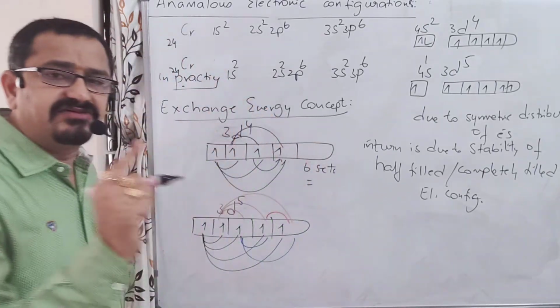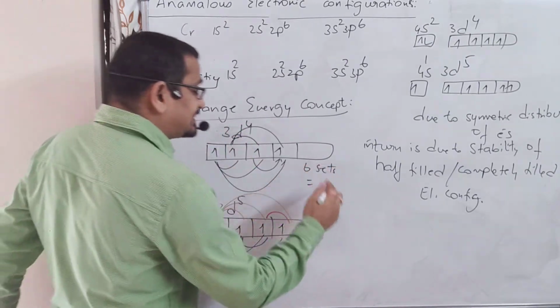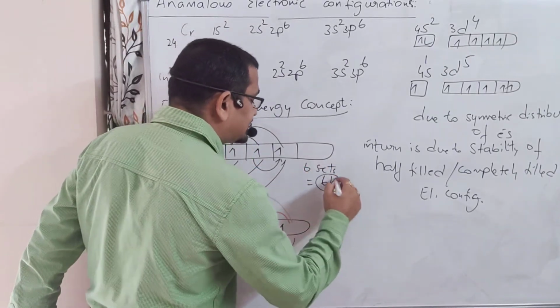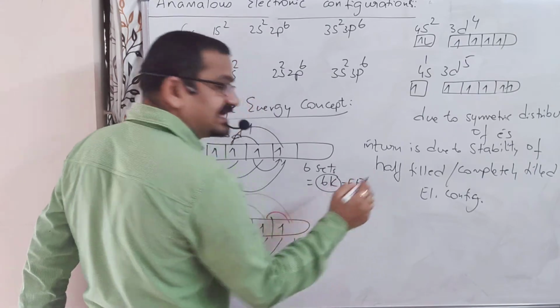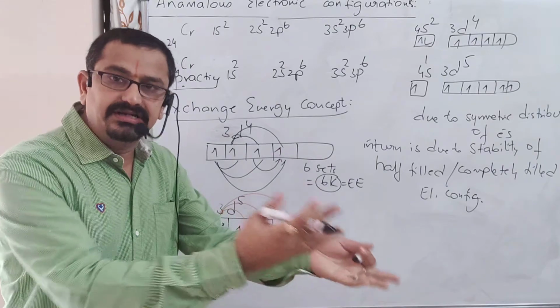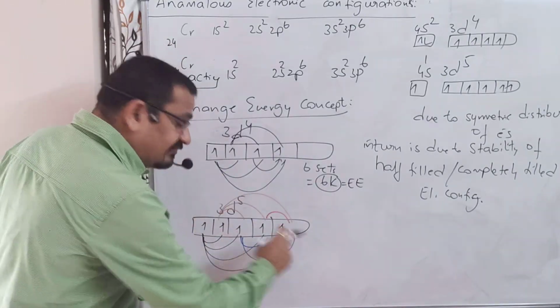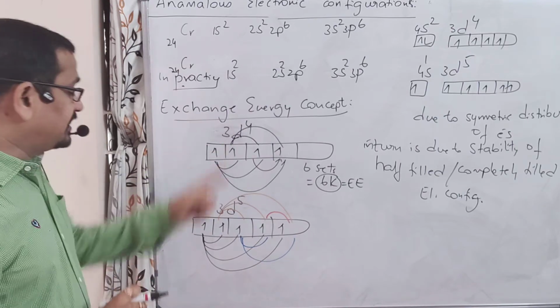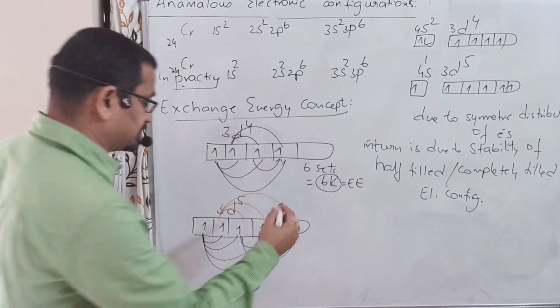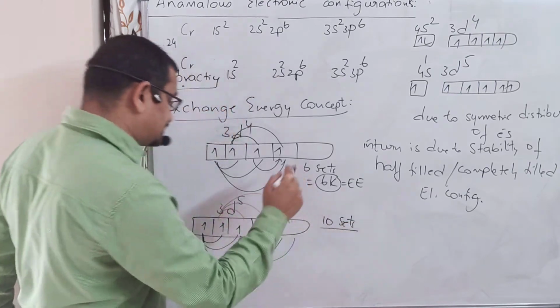Suppose for each set of parallel spin K is the energy released; for 6 sets of parallel spin, 6K is the exchange energy. Already we discussed, the more the exchange energy released, the more the stability of the atom. When it comes to the half-filled configuration, instead of 3d4, how many such sets are possible? 10 sets of parallel spins are possible.